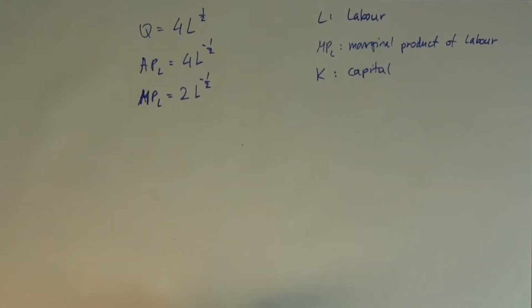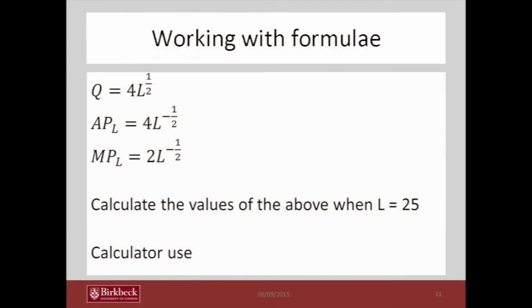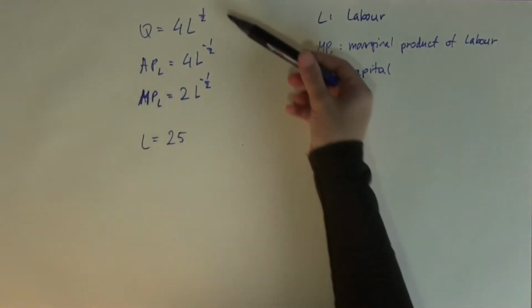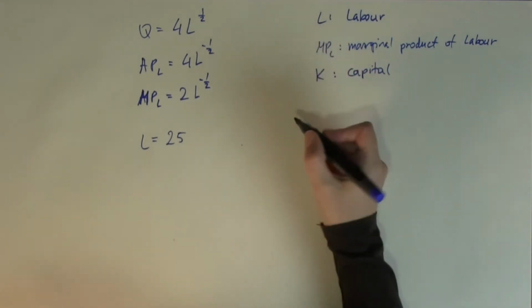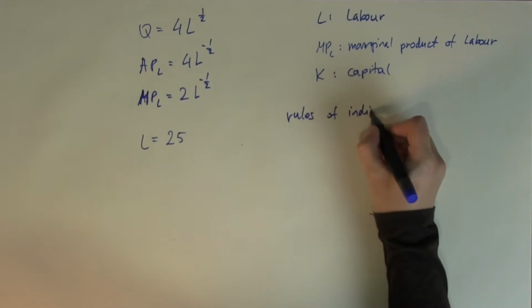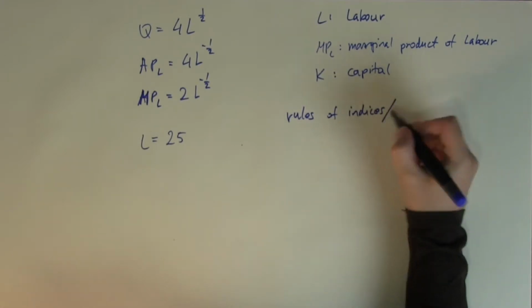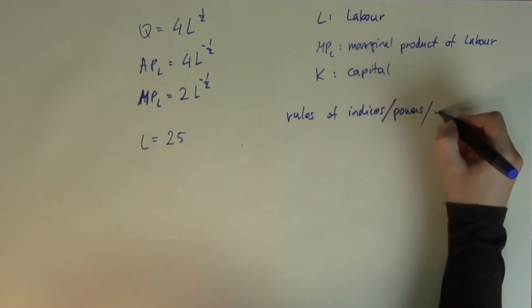So let's see now what kind of calculations we can do with these ones. So the question is, what would be the value of Q, APL and MPL if I know that L is equal to 25? Now, to be able to calculate these without a calculator, I need to know the rules of indices, which sometimes also refers to as rules of powers or exponents.